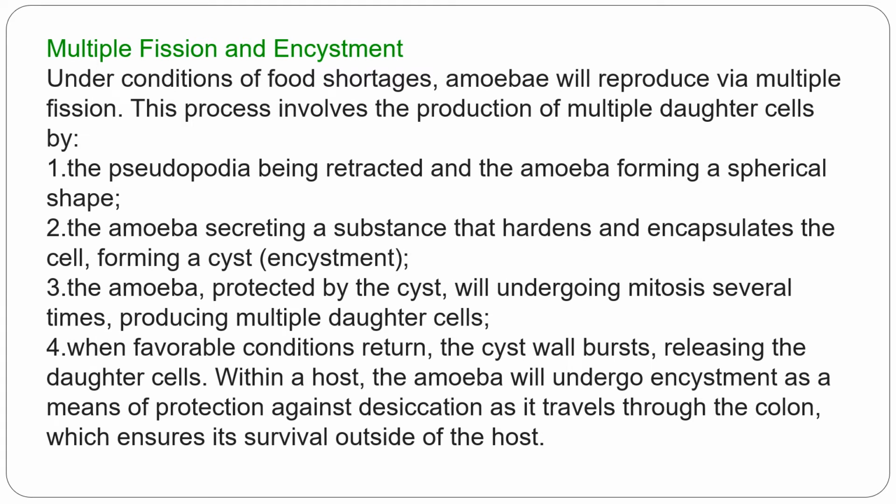Secondly, the amoeba secretes a substance that hardens and encapsulates the cell, forming a cyst, which is called encystment. The amoeba, protected by the cyst, will undergo mitosis several times, producing multiple daughter cells. When favorable conditions return, the cyst will burst, releasing the daughter cells.